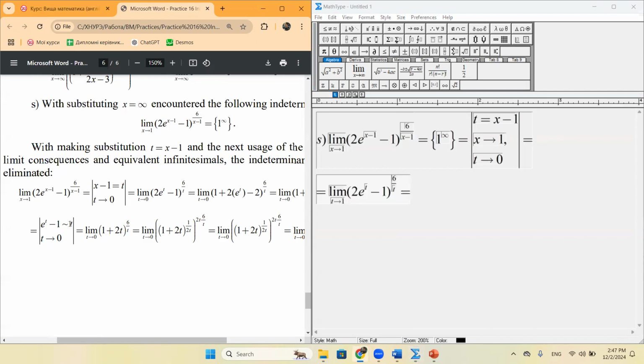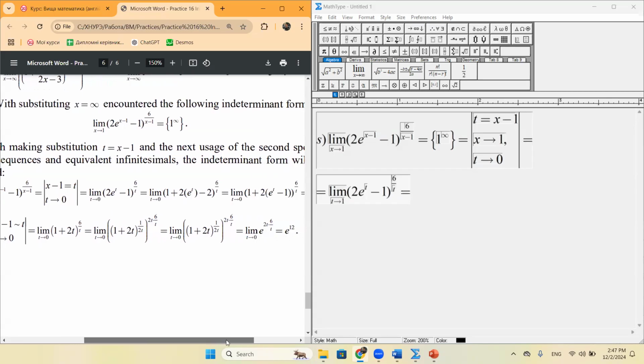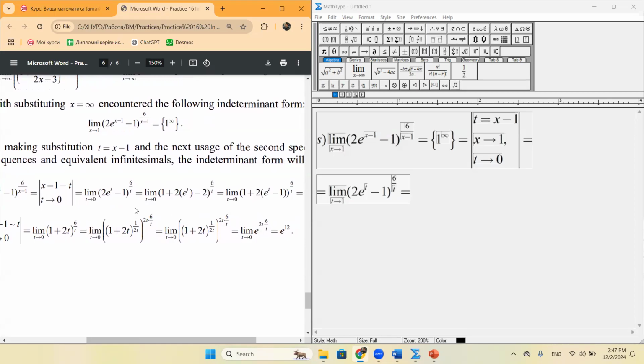So when t approaches 0, e in power of t minus 1 is equivalent to t. And I have the following limit, 1 plus 2t in power 6 by t. And then I transform it to use the second special limit. Doing analogical manipulations, the answer is e in power of 12.